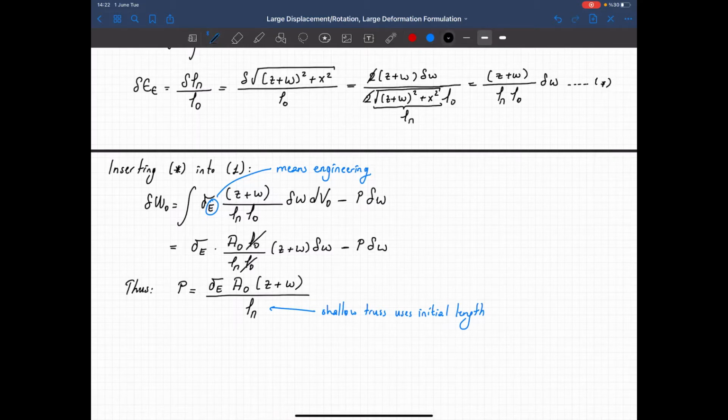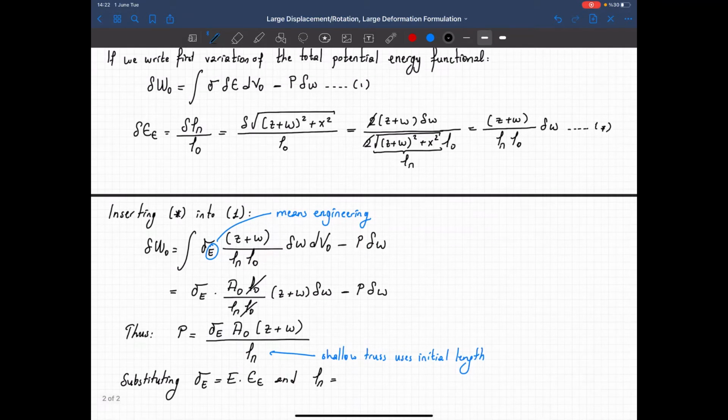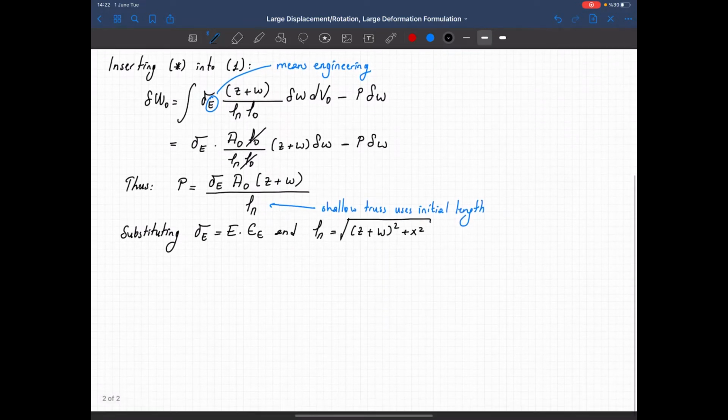Okay, now substituting E times engineering strain, and instead of final length let's use whatever the length we have, the square root of (Z plus W) squared plus X squared, and put it in this load deformation equation.